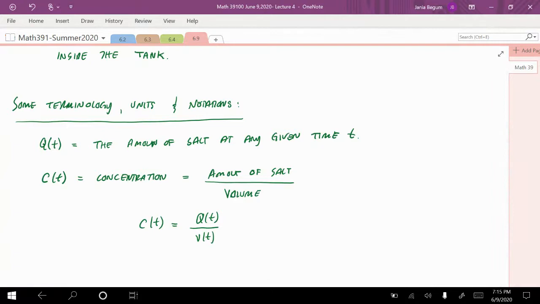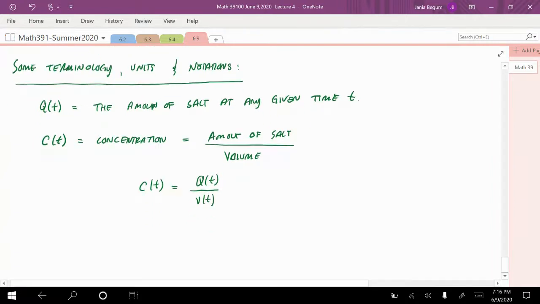And then another thing you want to keep in mind is notation, units for these notations. So units for concentration. What are some common units for concentration? So if it's amount over volume, your amount can be measured in grams, and volume is gallon.